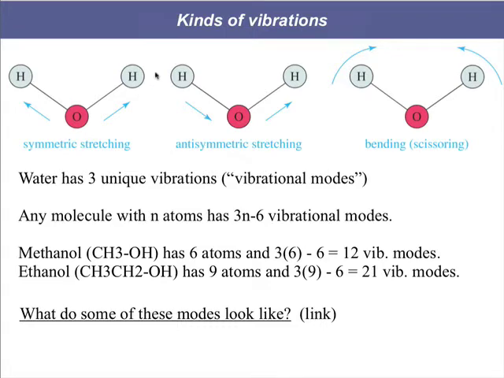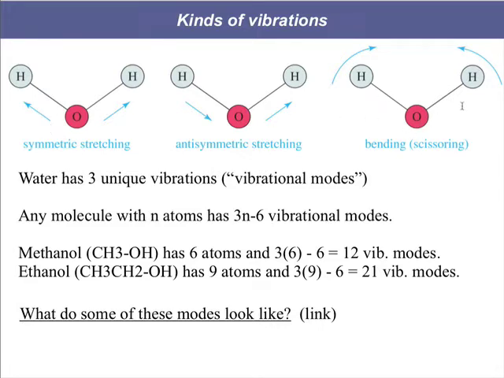You can have asymmetrical stretching, where one bond is compressed and the other bond is extended at the same time, and vice versa. So one is coming in while the other one is going out, going back and forth like that. You can also have a bending, or what is sometimes called a scissoring motion, where instead of the bonds extending and compressing, the angles are bending and twisting.